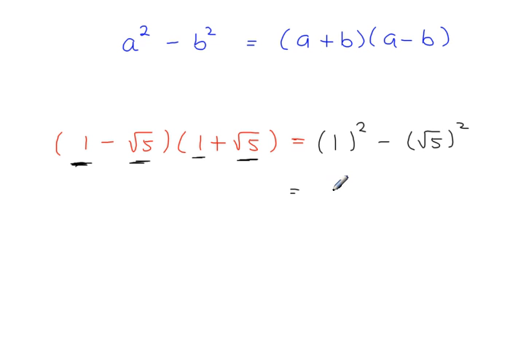So 1 squared is just 1 minus, and here the square and the square root cancel to give you this. So 1 minus 5 is minus 4. The reason for using this result is the final answer has no surds in it. It's rational. So we've gone from something that was irrational to something that's rational.